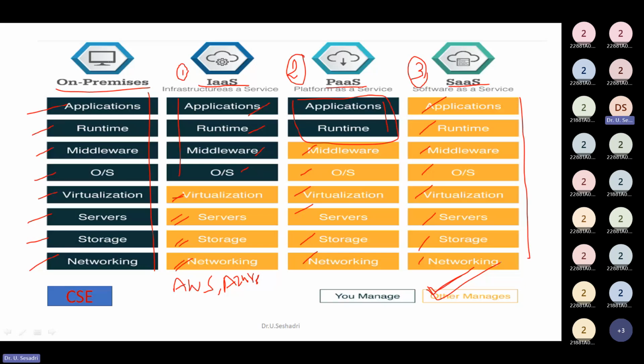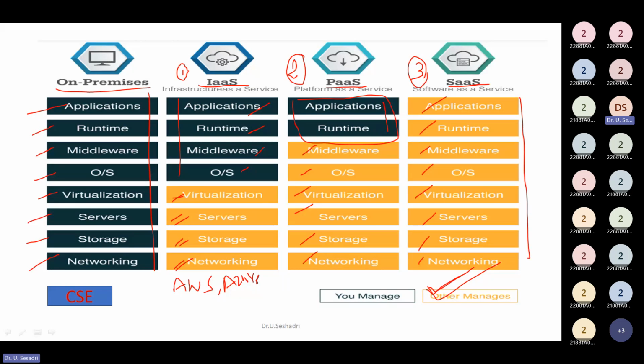So tell me the examples for software as a service. Now you are listening to my online sessions using the Teams app. That is an example of software as a service. Zoom meeting, GoToMeeting, and your college using an ERP system are also examples.